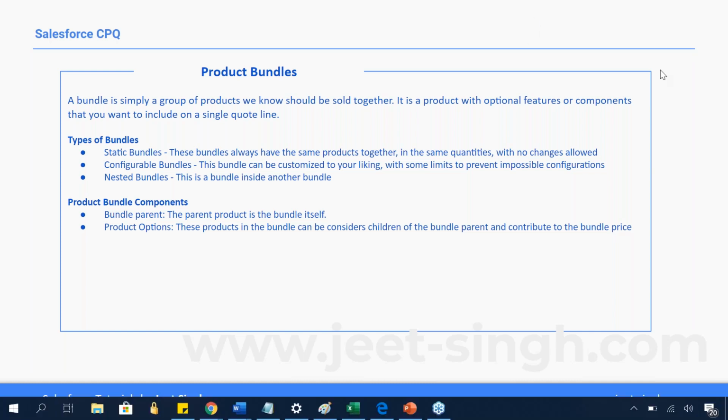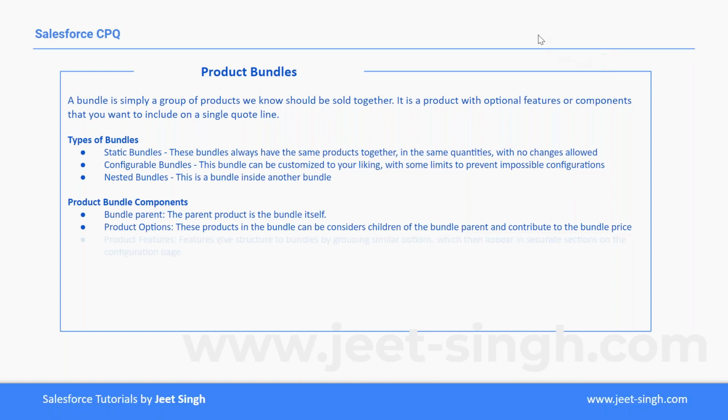And the third thing that we have is, of course, the option to group those product options, because there can be a long list of product options. So to group the options, we have this thing called product features. Okay, so product feature is not exactly a product, but it is a way of grouping. So it helps you put your products into different sections. Okay, so these are the main components of the product bundle.